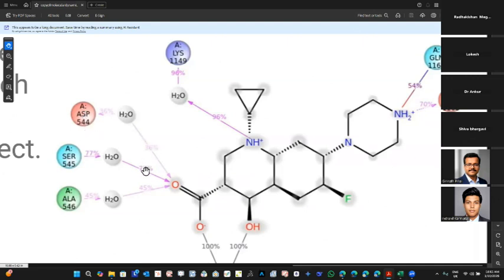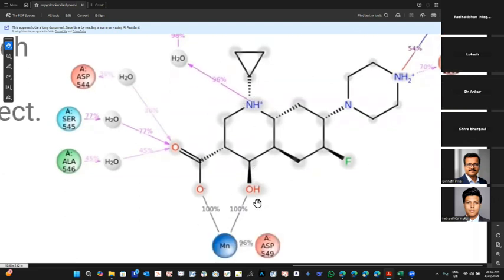Here you see some percentages: 36 percent, 77 percent, 45 percent, 96 percent. This is telling you that in 1,000 frames, 96 percent of the frames had this particular bond, right?